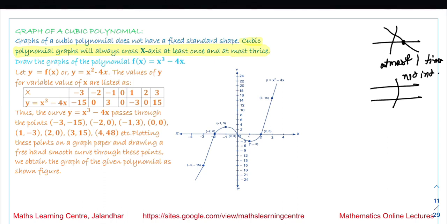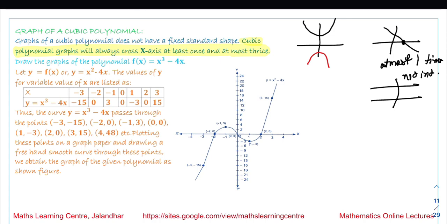If we are talking about the quadratic polynomial, the graph may be like this, so there might be the case that it is not intersecting the x-axis.